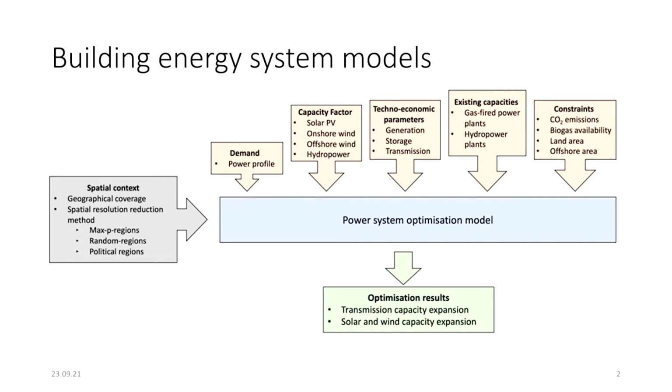First of all, what do we need to build a model? This diagram focuses on the power system optimization model, but a similar graph could be used for one that is sector coupled if you want to add heat.